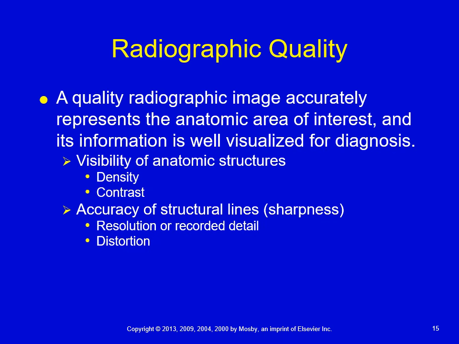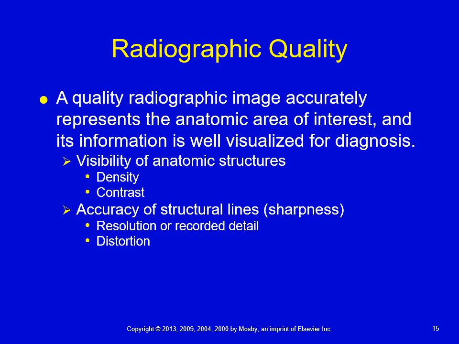All right, so the first category there deals with the visibility, and there's two, I'll say, definitions per se that are in that visibility category. All right, so can we actually see the anatomy that we need to see? All right, that depends on things such as density. The new term for density is brightness, and also the contrast in the image.